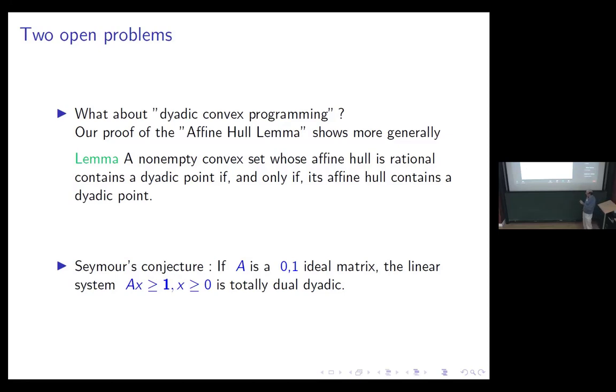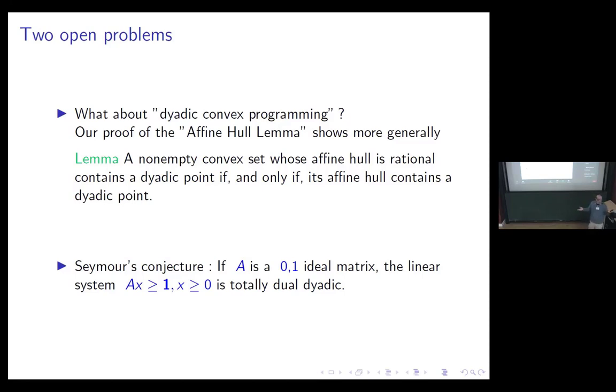That's actually more general. In fact, for a non-empty convex set with a rational affine space, a non-empty convex set contains a dyadic point if and only if its affine hull contains a dyadic point.